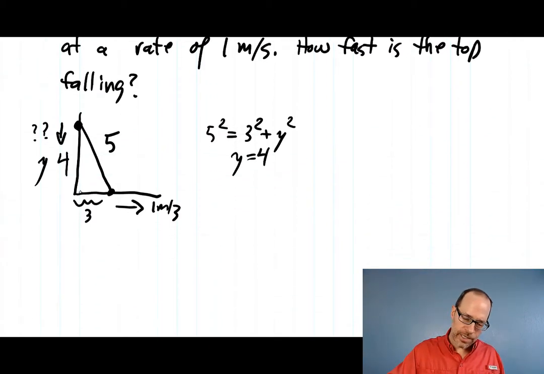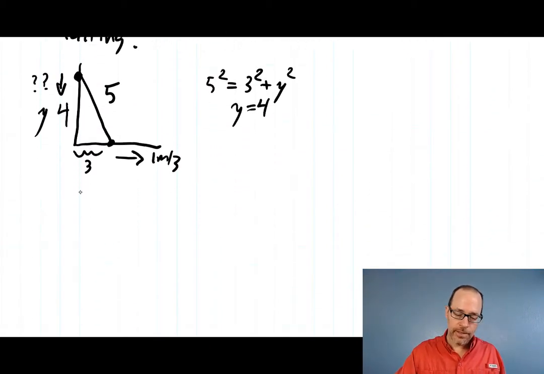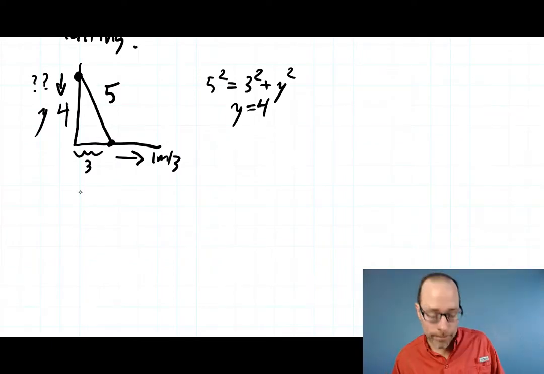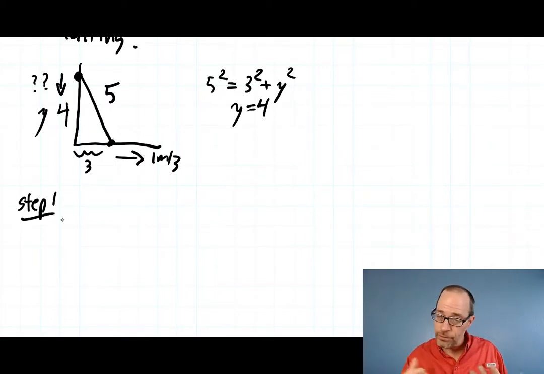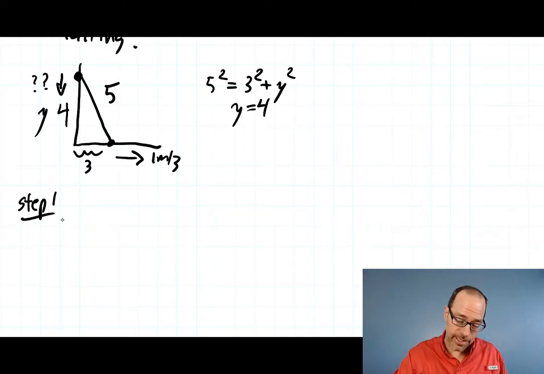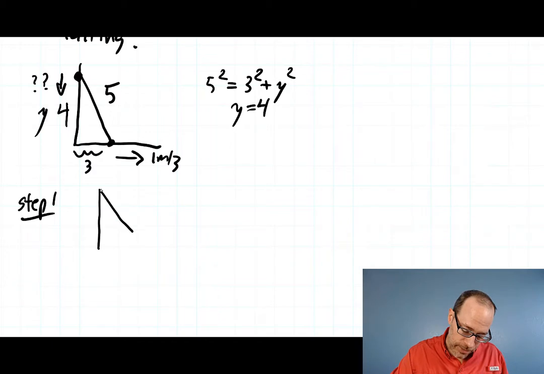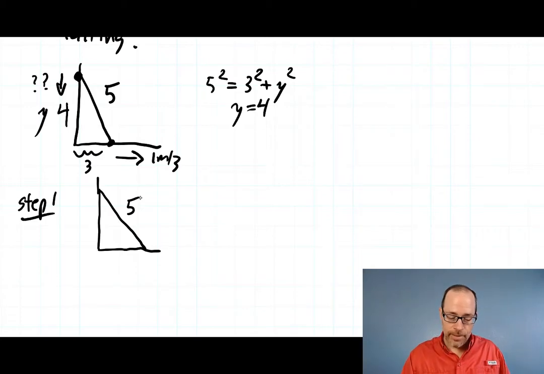Now that we've encoded everything in a picture, let's go ahead and figure out how to solve it. The first step is almost always that you need to have variables. You need to have labels for things that aren't constants. So in this case, this 5 is always going to be fixed, but the distance the bottom is to the wall will be changing as it's sliding.